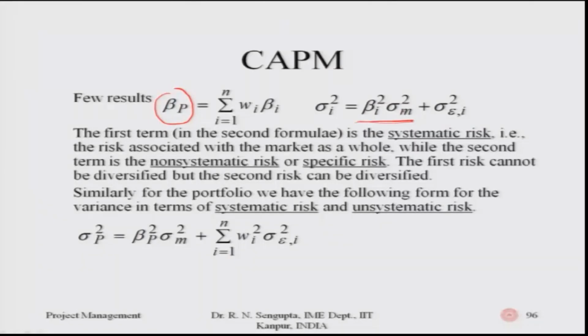As just mentioned, the first term in the second formula is the systematic risk, that is the risk associated with the market or the overall set of projects, while the second term is the non-systematic risk. Like if I am planning to build a bridge or a huge stadium, or an oil rig platform in a certain country or in a certain area of the sea, and the political uncertainty is very high in that region, obviously it will have a negative impact.